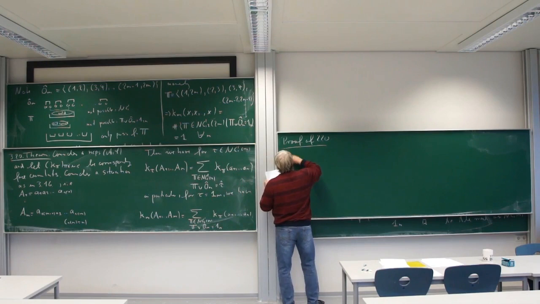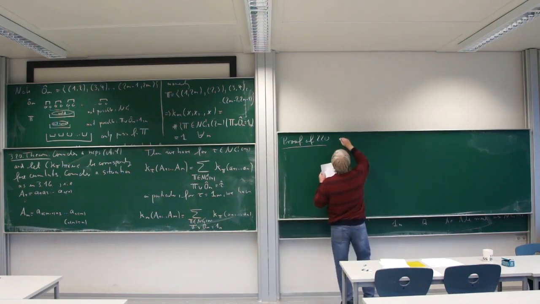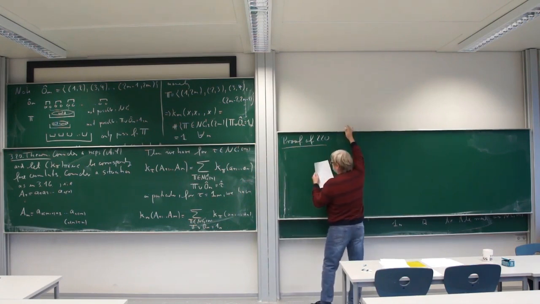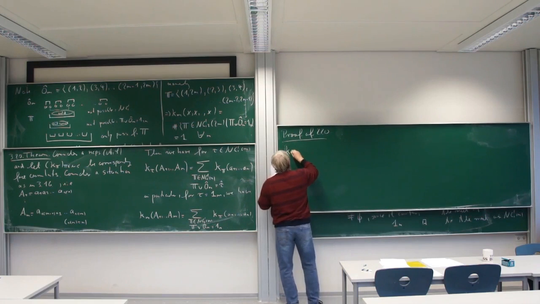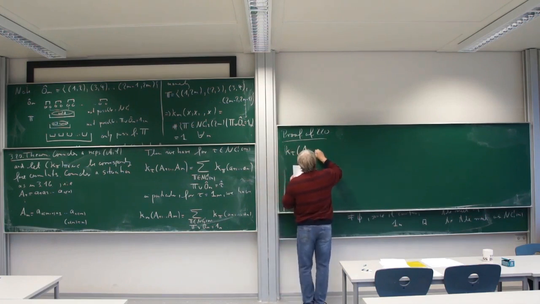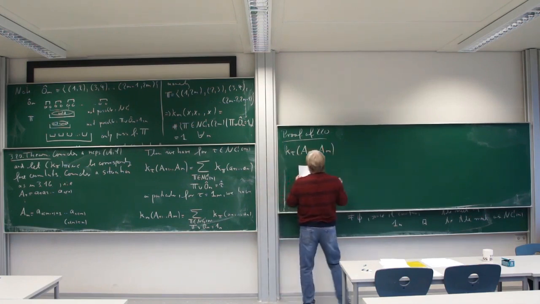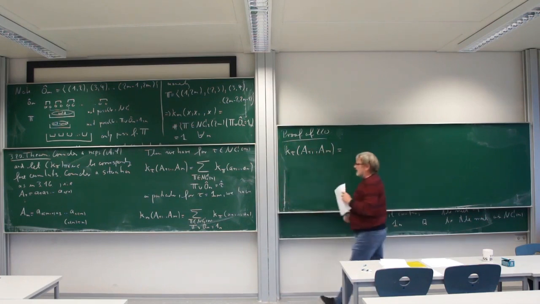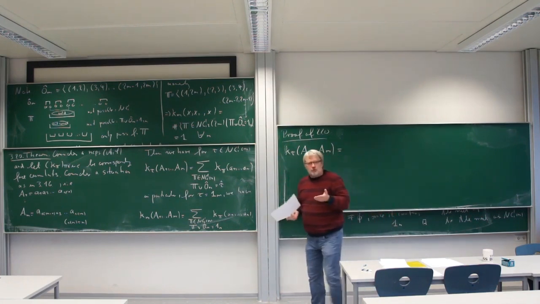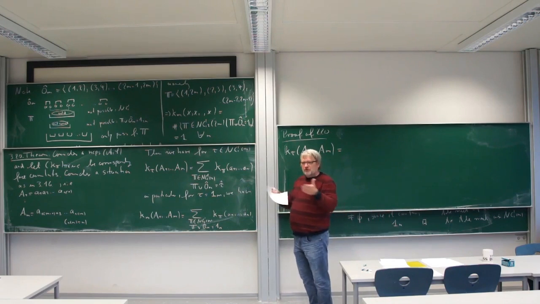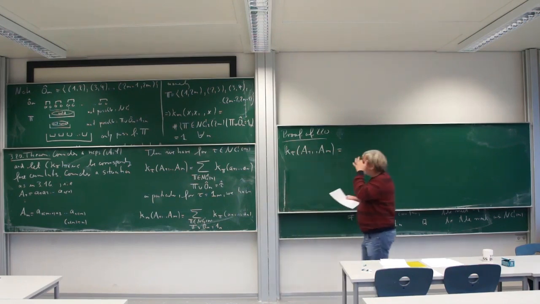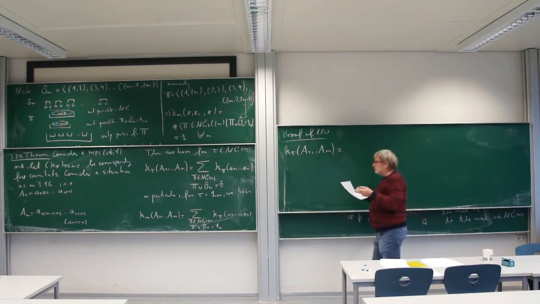So we have kappa tau of A1 up to AN. Okay, and of course we know we have to go to the moments, because of the moments we know the relation between the capital and the little a's. So first by Möbius inversion, or the definition of the kappas, we go to the moment functions.